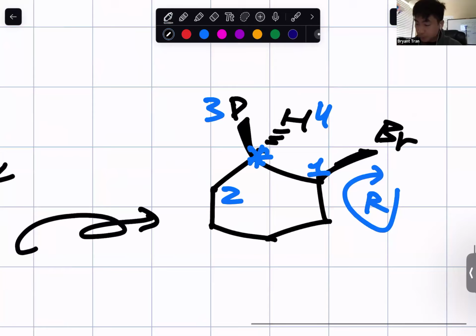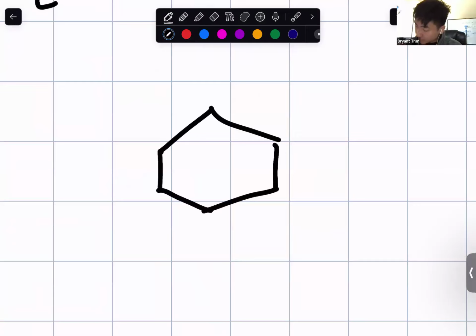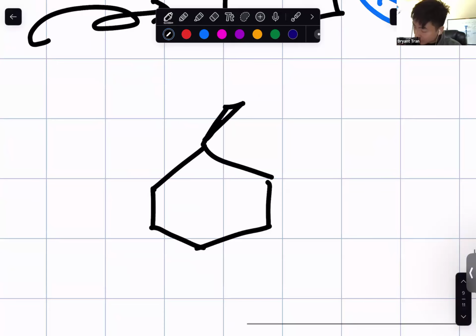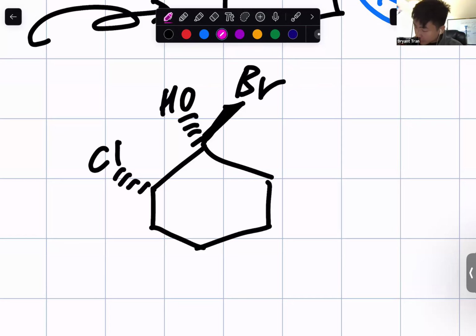But now let's try to make this carbon here the lowest priority group instead. So when we make that the lowest priority group, let's say we have bromine, alcohol, and chlorine. That would make this number one, this number two, this number three.